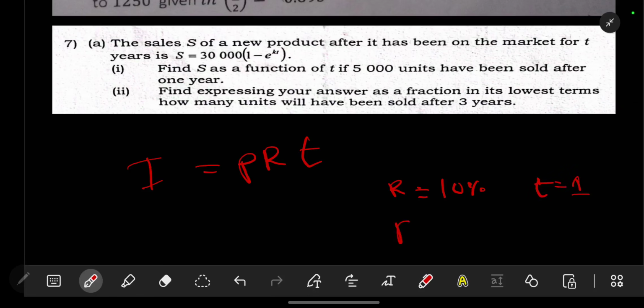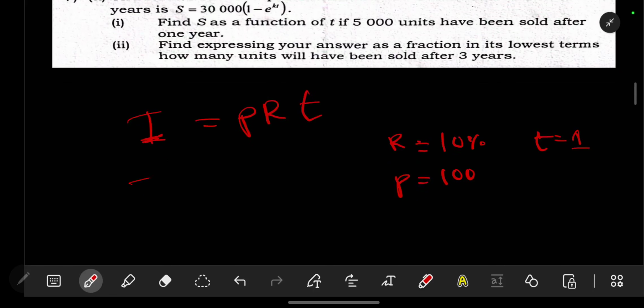Then let's say you have your principal, which is the money you have put in. You have put in about 100 kwacha. Then let's say we are required to calculate the interest. So the interest shall be equal to the principal, which is 100 kwacha, times the rate, which is 10%, and a percent is always out of 100, times the time, which is 1 year.